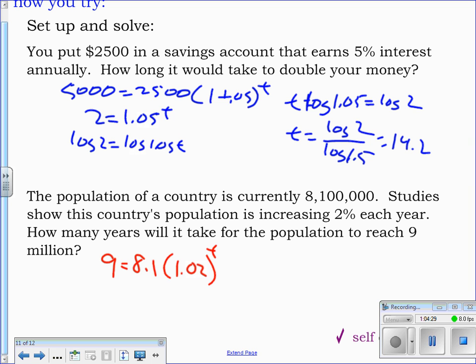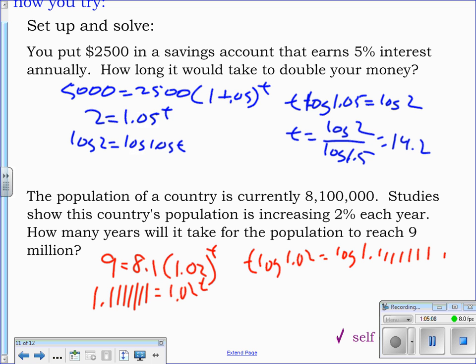I don't want to have a ton of zeros, because when I divide by them, they're all going to go away anyways, right? 9 divided by 8.1 is 1.11111 equals 1.02 to the T. Take the log of both sides. Bring the T down. T log of 1.02 equals the log of 1.111111.